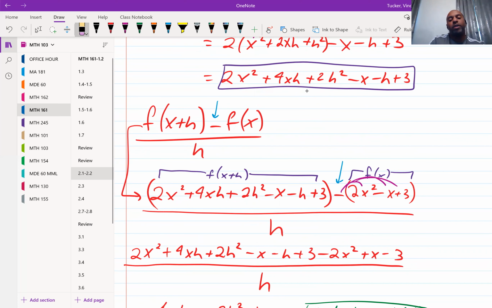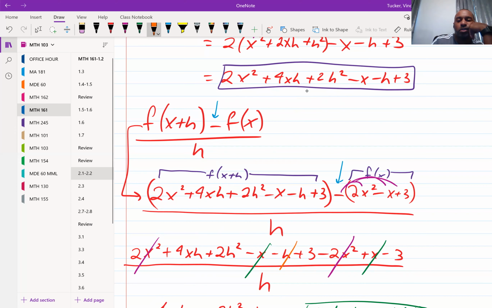So now there will be some terms that cancel out for you. Every term that's left after your cancellation will have h in it. If you still have a term that does not have h in it after your cancellation, then somewhere you went wrong. So in other words, 2x squared minus 2x squared cancels. x and x cancel.